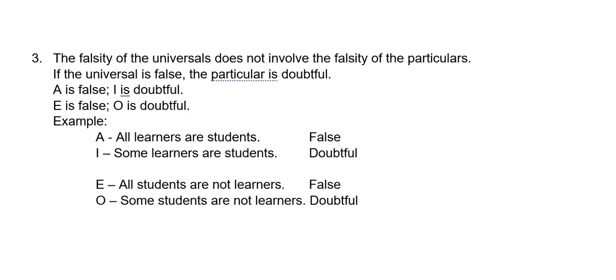Some learners are studious. So there is no guarantee that it is true. Same thing, there is no guarantee that it is also false. Hence, it is doubtful. Between E and O, if E is false, such as all students are not learners, some students are not learners can either be true or false. That is rule number 3.